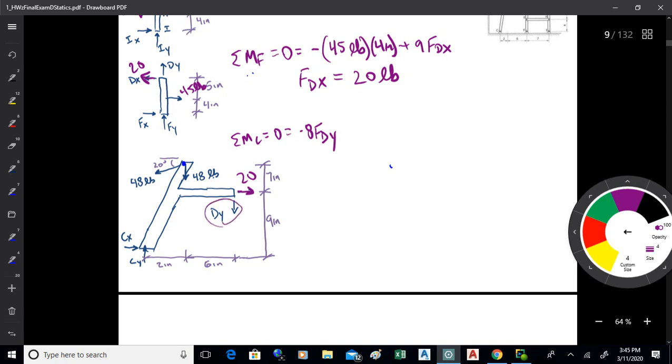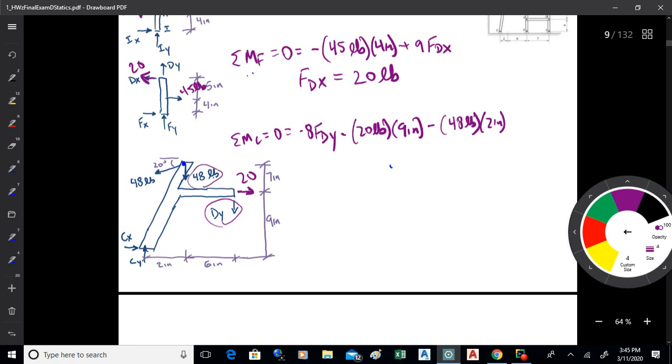Then I've got 20 pounds times 9, so that'll be minus 20 pounds times 9 inches. That's Dx. And then I've got all those 48s up there. There are going to be 3 terms that involve 48. The first one will be simple, minus 48 pounds times 2 inches.